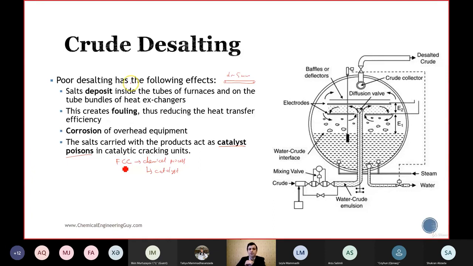And this salt can poison the catalyst. Catalyst is expensive, and it really determines how the process is going on. If the catalyst is poisoned, then you have to shut down the whole refinery, remove the catalyst, and renew it, which costs a lot.